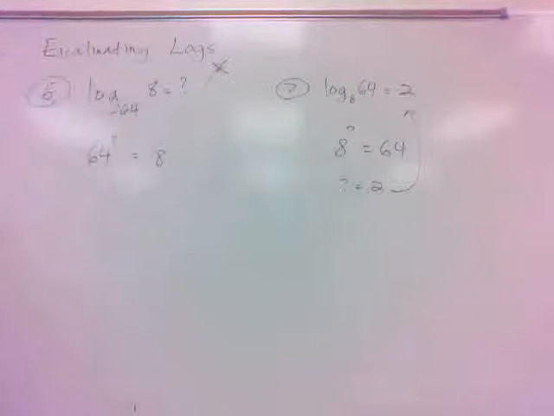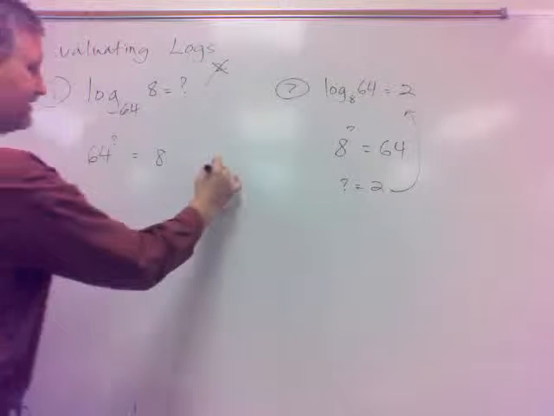So what we have to realize here is, there is, of course, a squaring relationship there. However, it's not that you square 64 to get 8. What could we do to 64 to get 8? We could square root 64 and get 8.